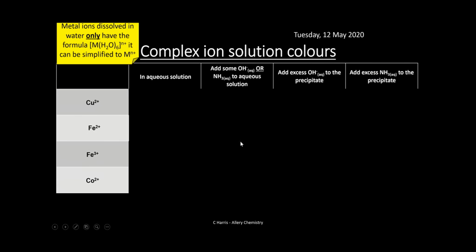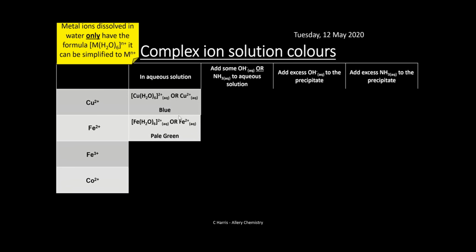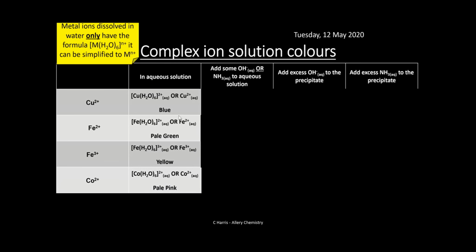So basically this is just going to summarise the full lot. So copper when dissolved in water is a blue solution. Iron when dissolved in water is pale green, so it forms that iron 2+, a pale green. Iron 3+ is yellow, and cobalt is a pale pink colour, so it's a nice colour.